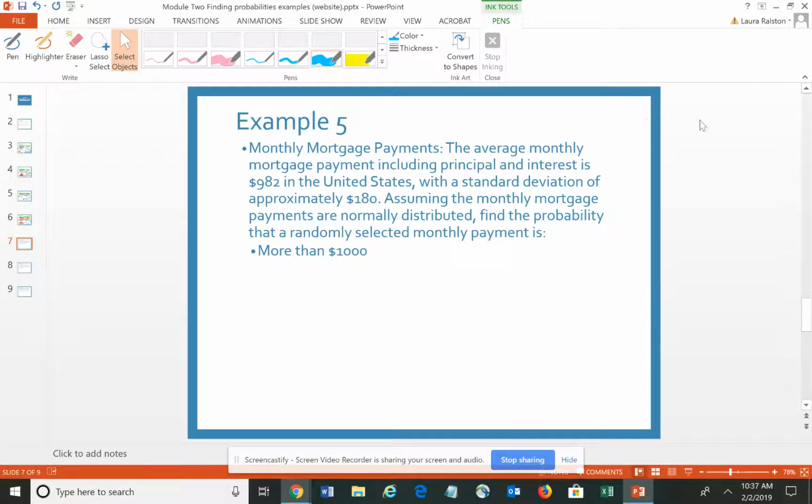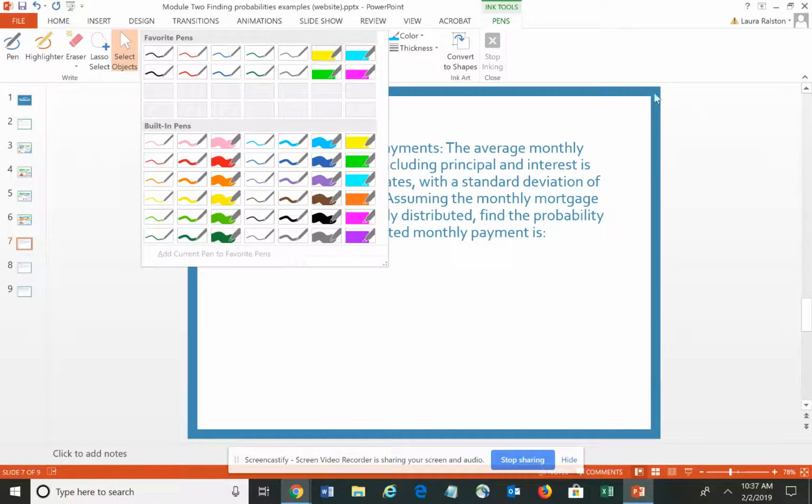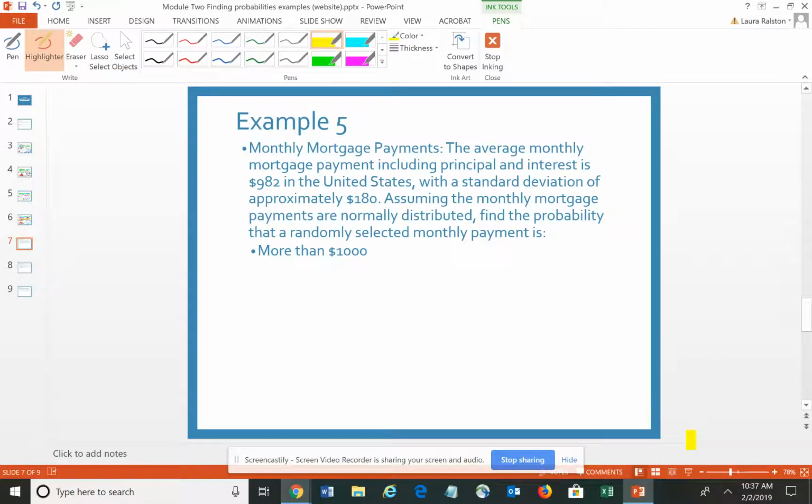Okay, so here again, if we think through it, first of all, they tell us to assume that the payments are normally distributed. They tell us that the average is 982 and the standard deviation is approximately 180.